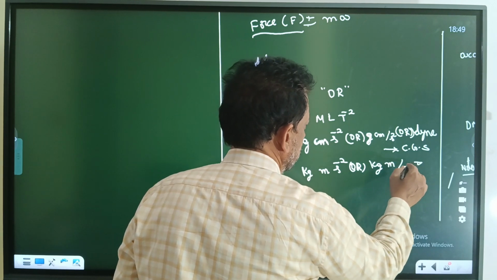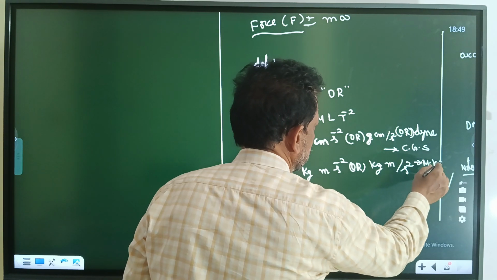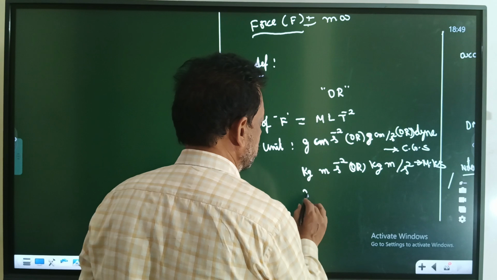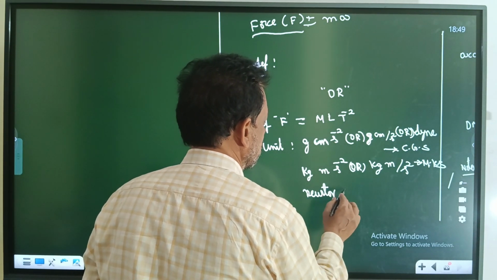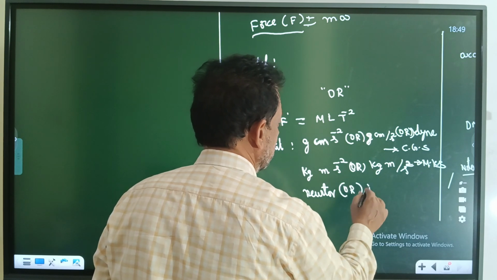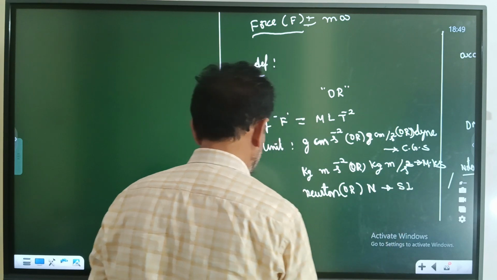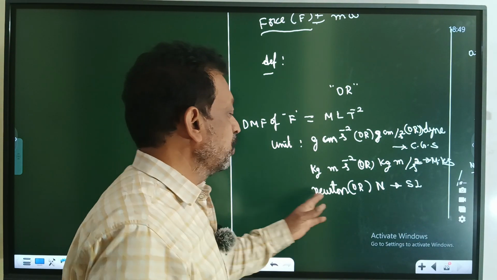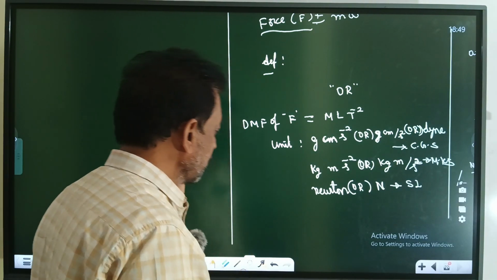In the SI system, you write the full name in small letters, newton, or the symbol capital N.